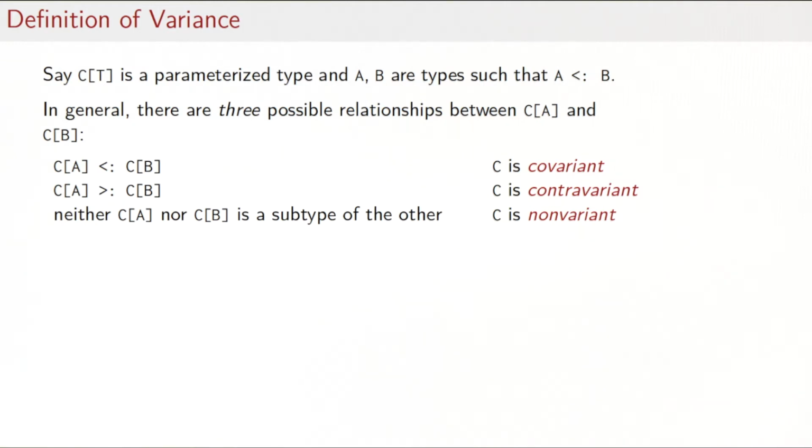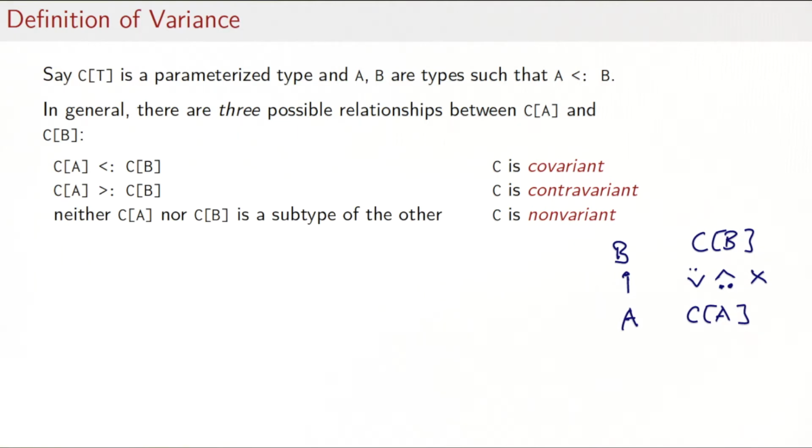There are actually three possible relationships between type instances C of A and C of B, where C of T is a parameterized type, and A and B are types such that A is a subtype of B. So we could either determine that C of A is a subtype of C of B. Or we could determine the opposite relationship, which would say that C of B is a subtype of C of A. Or we could have the relationship where neither is true.